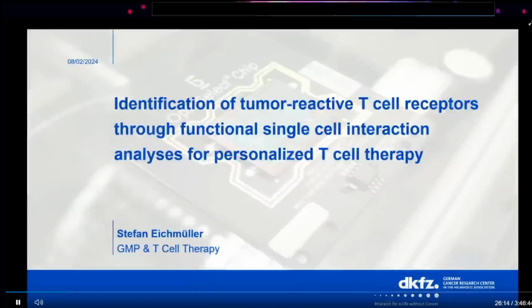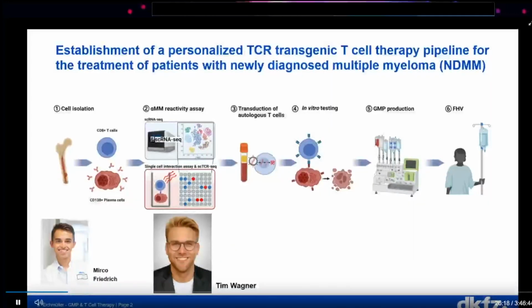This is the title of my presentation, as already mentioned, and I would like to introduce in the next slide a little bit of what we did. Our research was focused on multiple myeloma, a B-cell malignancy of plasma cells.